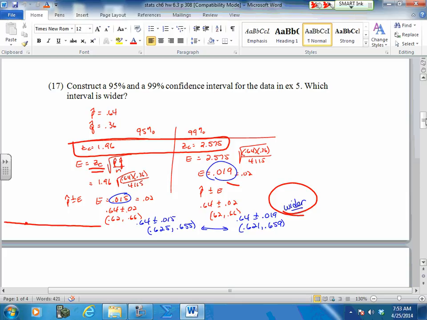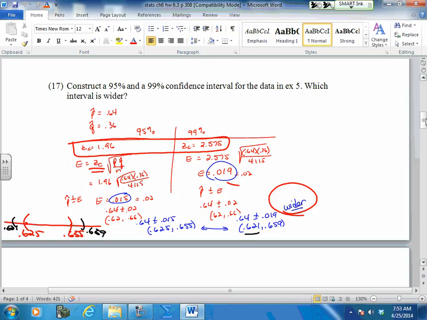Start with this one, 0.625 to 0.655. Then go to this guy. 0.621 comes before 0.625. 0.659 comes after 0.655. So do you see it's wider?